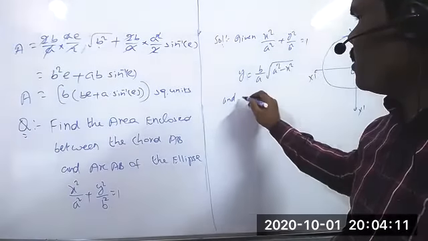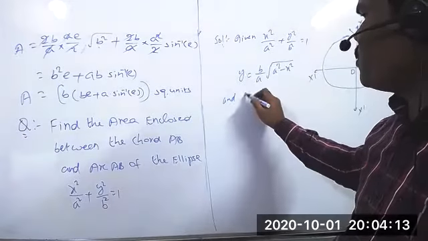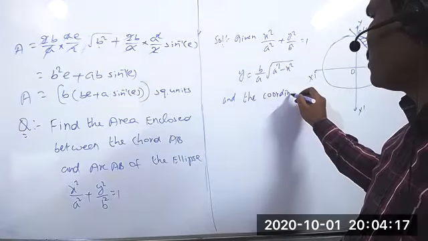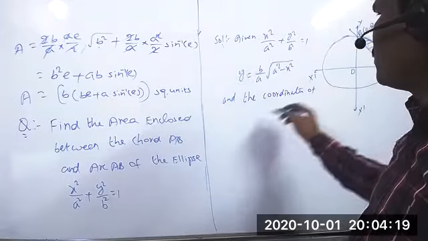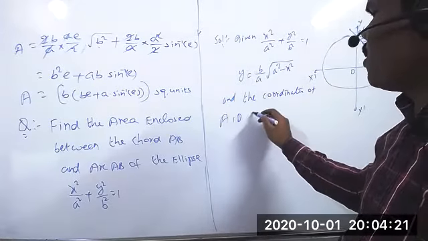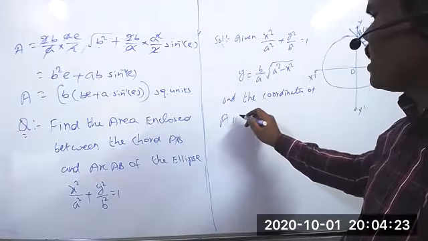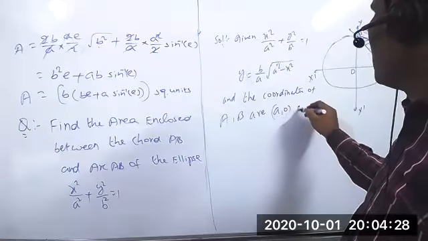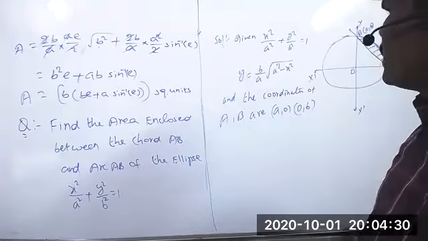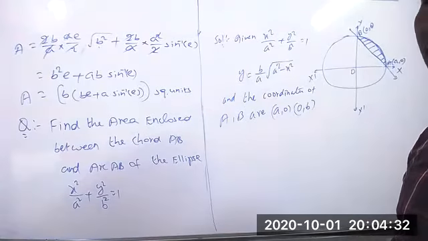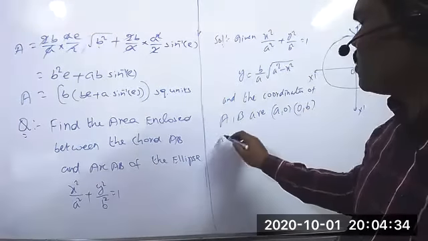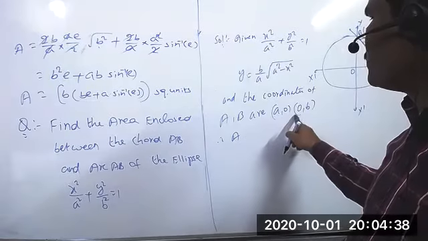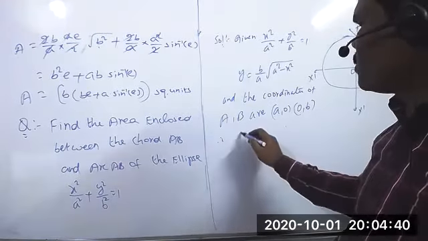The coordinates of A and B are: the point A is (a, 0) and B is (0, b). Now find the line equation. A line passes through the points (a, 0) and (0, b).